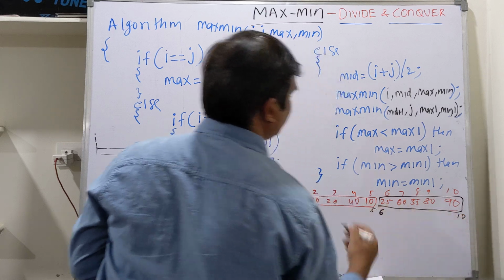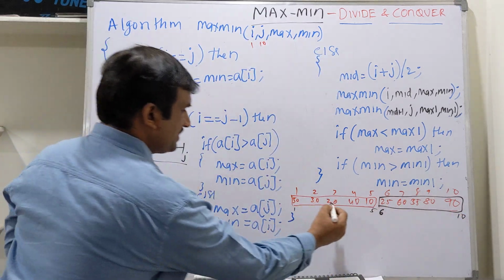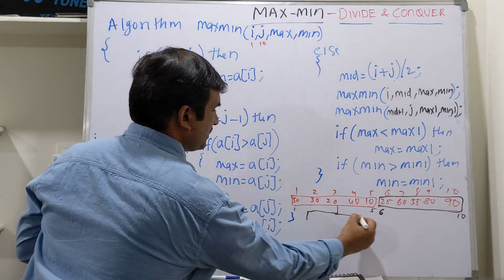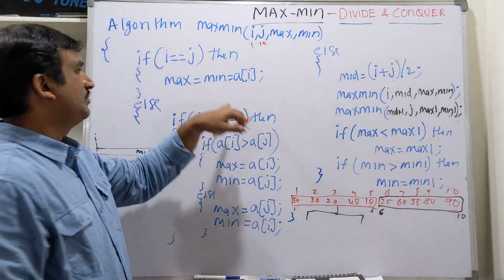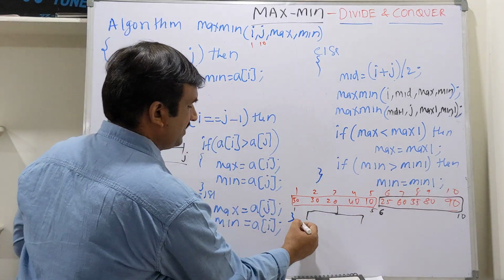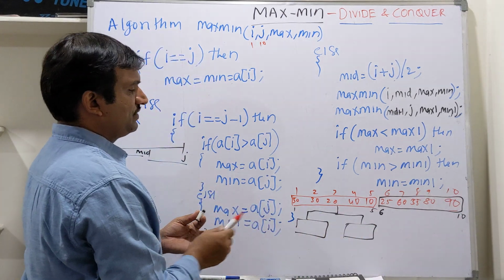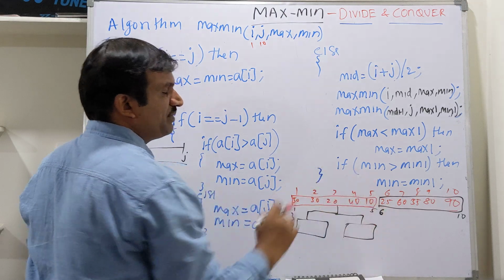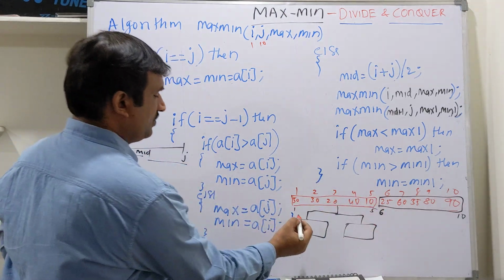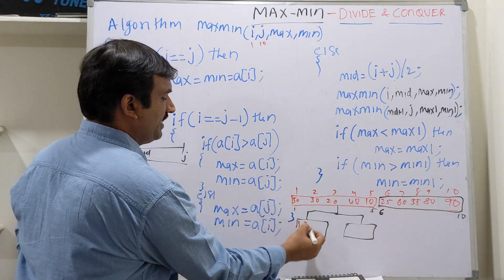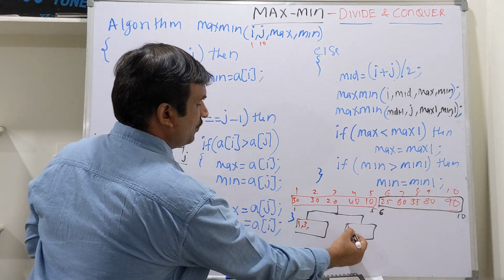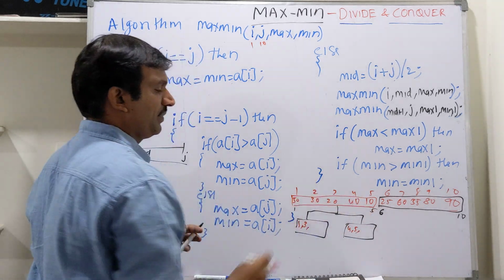Once again, this problem is divided into two pieces because it has more than two elements. Here, what will happen once again? It will be divided at 1 plus 5 by 2, which is 6 by 2, giving 1 comma 3 and 4 comma 5.